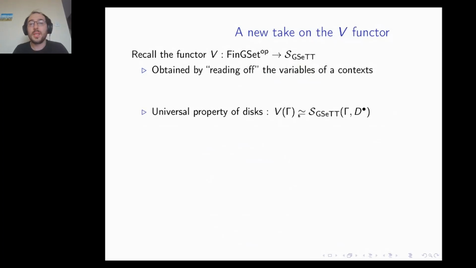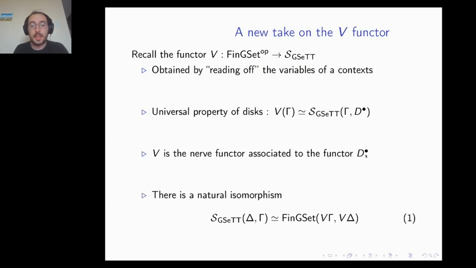So the V gamma rewrites as the set of substitutions from gamma to the image of something of the form D of something, right? And that's what is called the nerve functor associated to this D functor. And there is a very nice result which says that there is a natural isomorphism between the substitutions from delta to gamma and the morphisms of finite globular sets from V gamma to V delta.